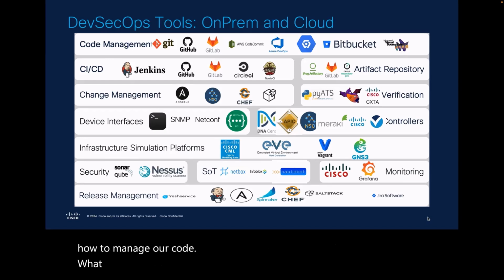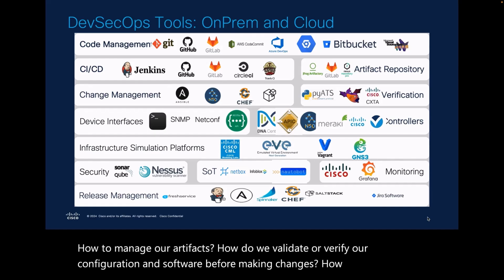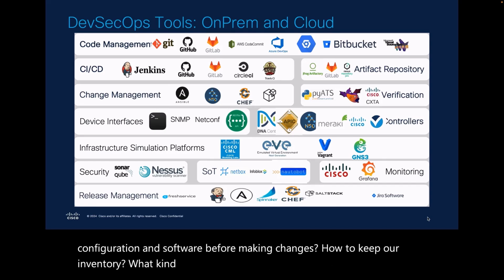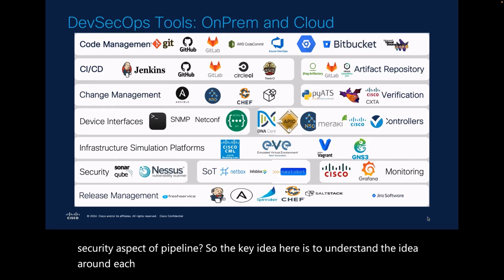What is the best tool out there? What is continuous integration? How to manage our artifacts? How do we validate or verify our configuration and software before making changes? How to keep our inventory? What kind of observability measures are out there? What is the security aspect of the pipeline? So the key idea here is to understand the idea around each category and implement a tool from the stack.